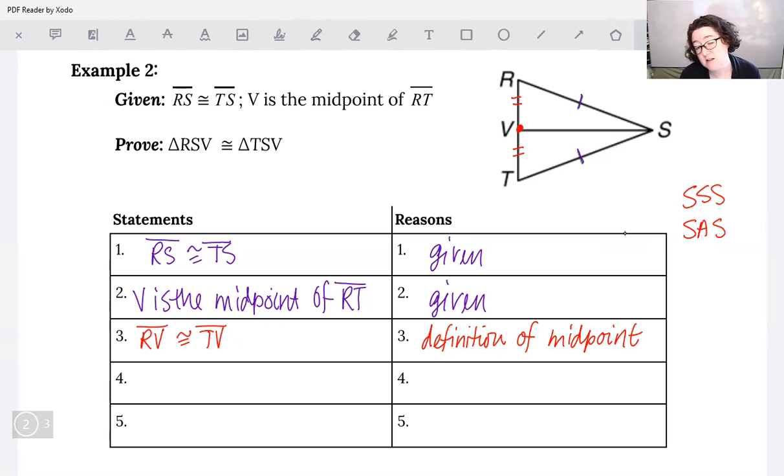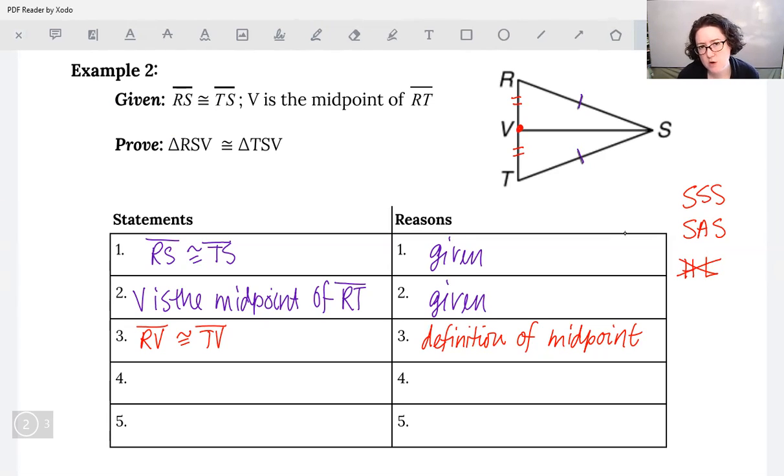Technically, we could also do hypotenuse leg, because a hypotenuse and a leg are 2 sides in our triangle, but we need a third piece of information: we need to know that this is a right triangle, and that information just wasn't stated here, although we might be able to look at that if we delved a little deeper into what kind of triangle we have. But let's approach this very straightforward, very head on. Let's ignore the HL for the moment and see if we can make SSS or SAS work.